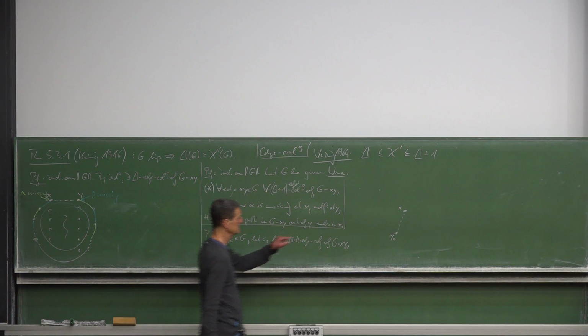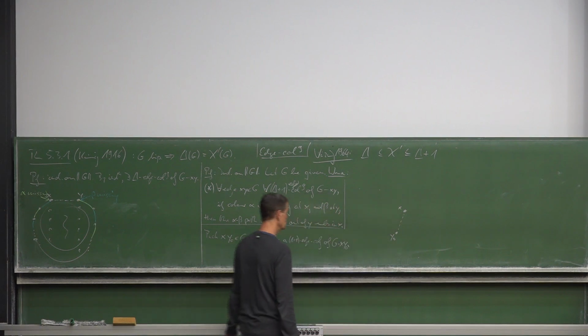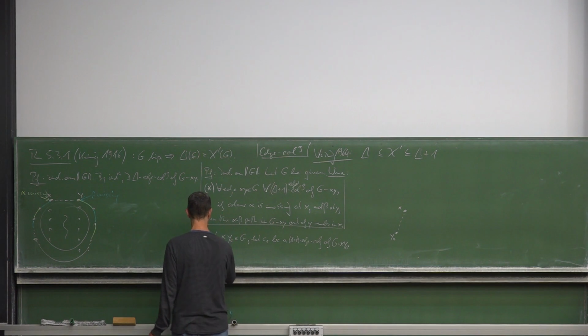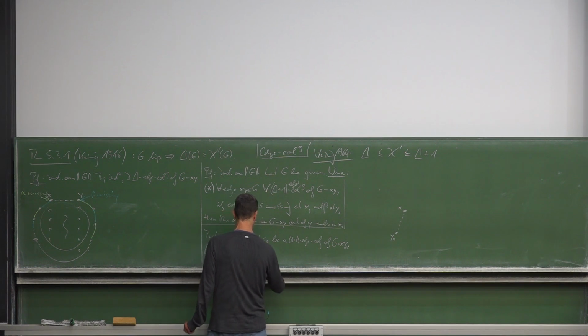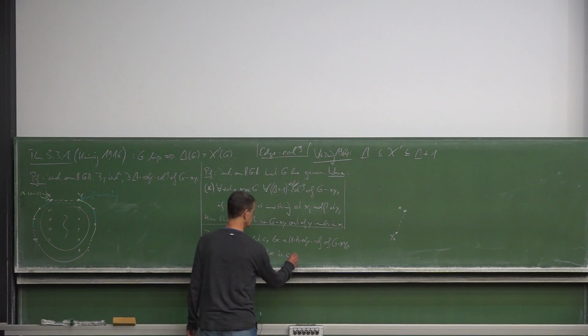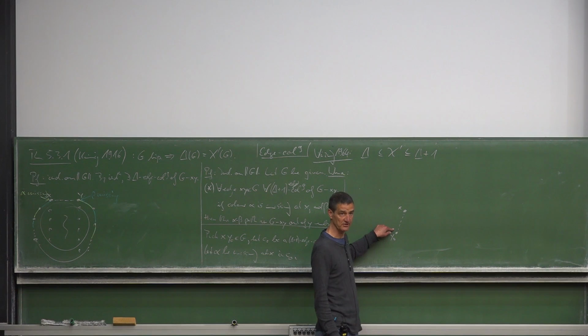Okay, so in G, we pick any edge. One vertex is going to be called x. Let alpha be missing at x in C naught. So we're coloring this graph G minus this edge by induction. And in this coloring, some color must be missing at x.